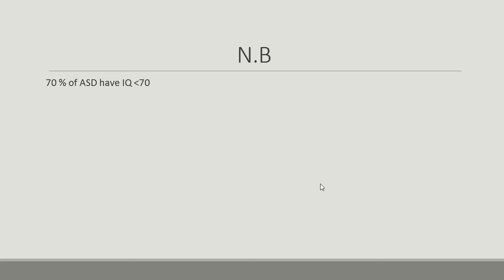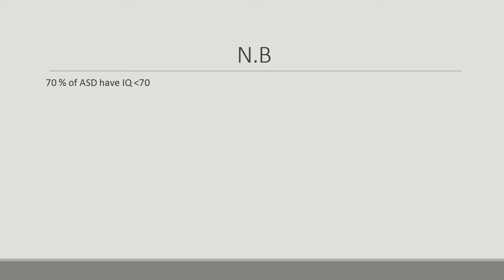Keep in mind also that 70% of autism spectrum disorder cases have an IQ less than 70. Less than 70 is the range of mental retardation. So that's to say 30%, about a third of the cases, do not have mental retardation.